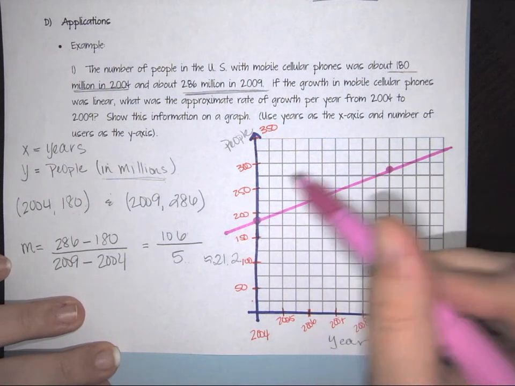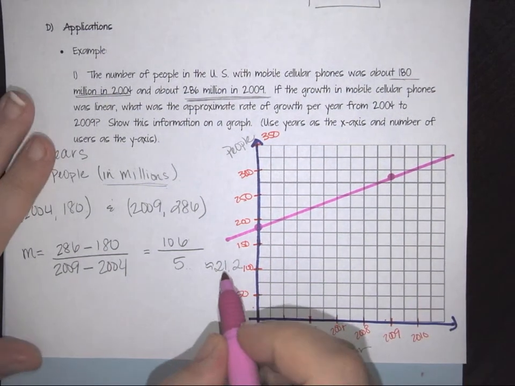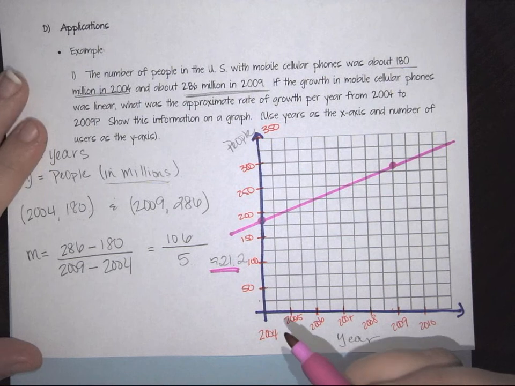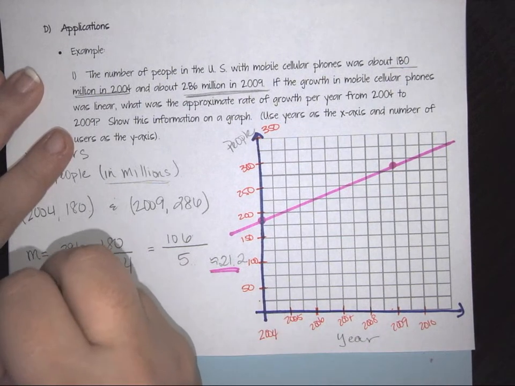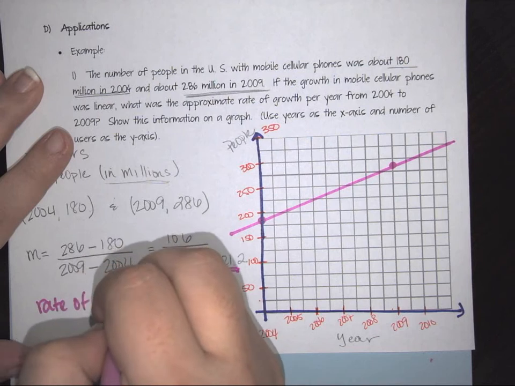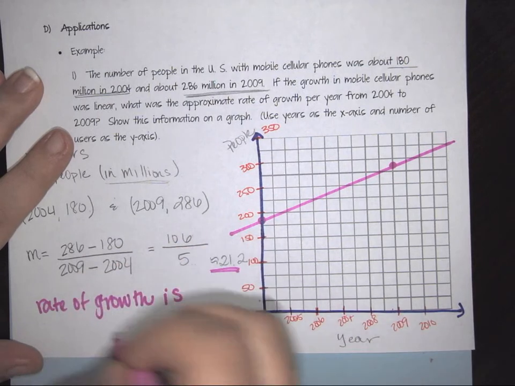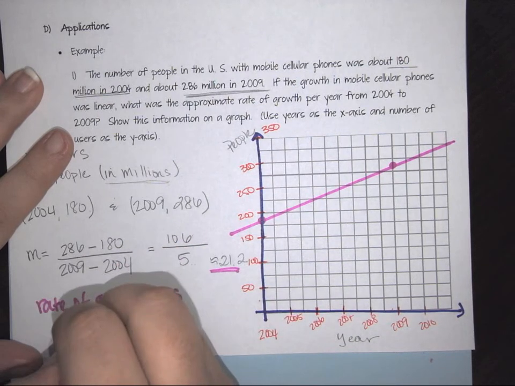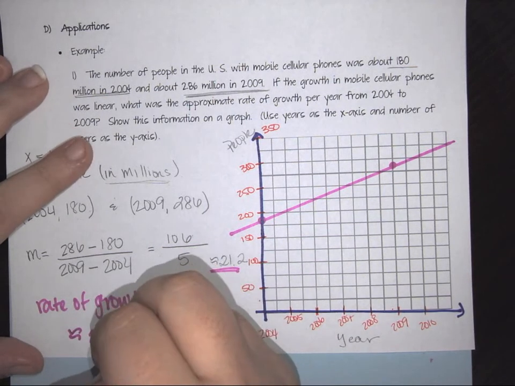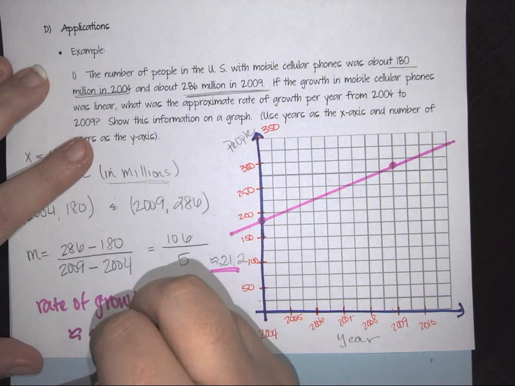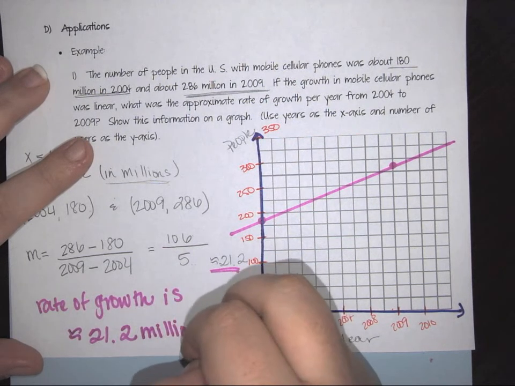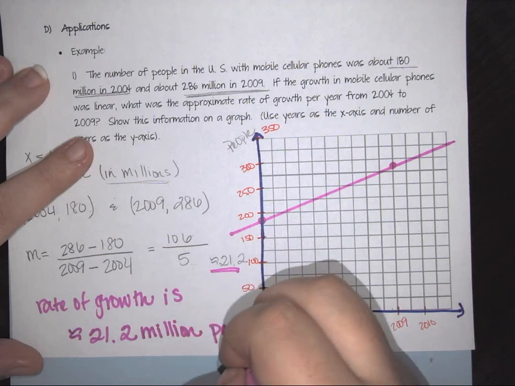But we have our slope here. This value is actually going to be your approximate rate. So your rate of growth is approximately 21.2 million per year.